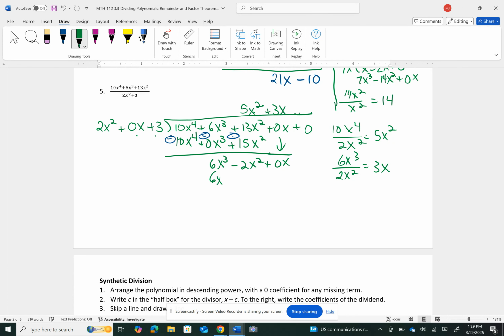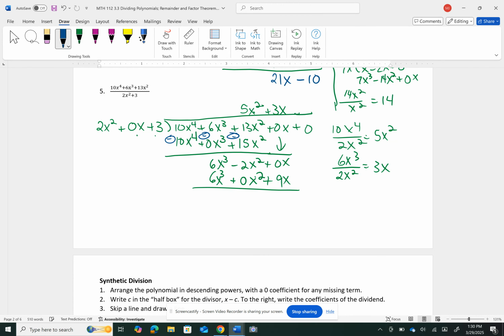So I'll get my 6x to the 3rd, because it was 3x times 2x squared. Then 3x times 0x would be 0x squared, and then 3x times 3 would be 9x.